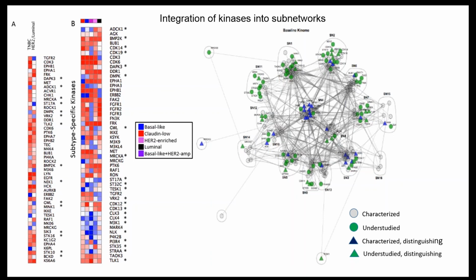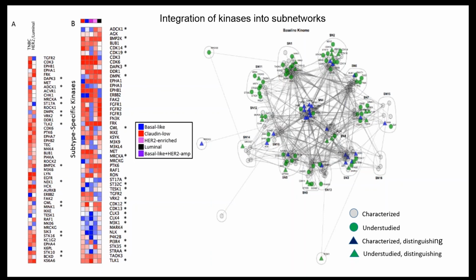And when we do this, we come up with 16 different subnetworks that cluster, and you can distinguish these either using our list of characterized and understudied kinases that we capture, or you can do it with the 50 kinases that we've distinguished that allow us to characterize subtypes within breast cancer. So this begins to define, and if you look at the subnetworks, you see both understudied and studied kinases found within each one of the subnetworks.